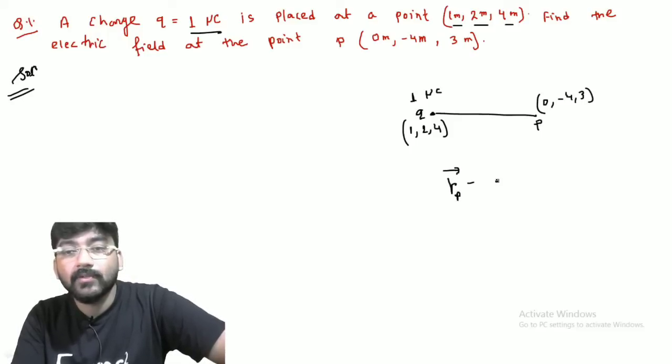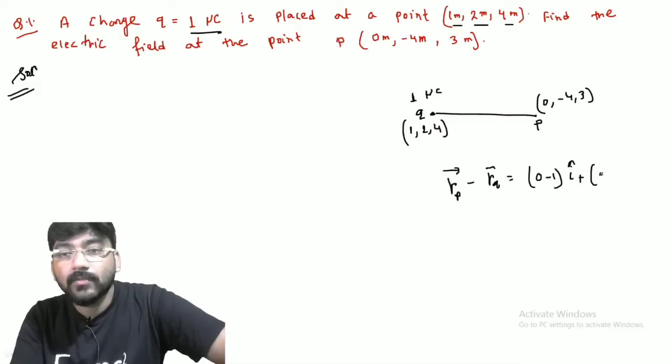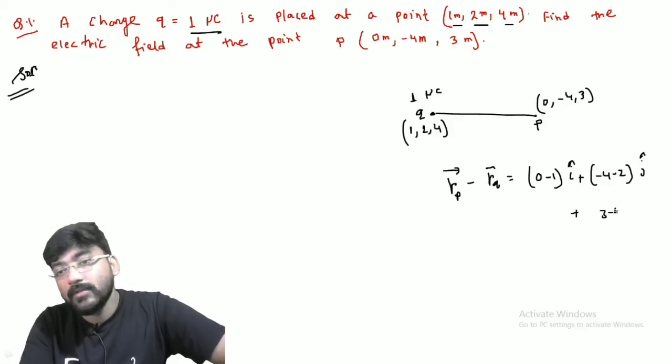So what will be rp minus rq? It will be 0 minus 1 i cap, then y2 minus y1, that is minus 4 minus 2 j cap, and z2 minus z1, that means 3 minus 4 k cap.